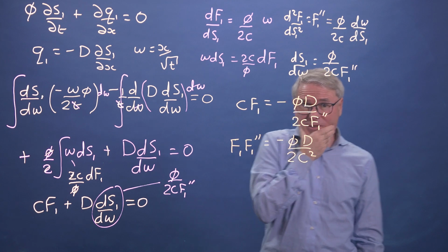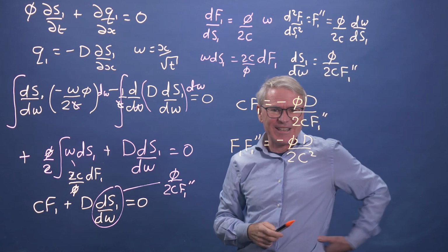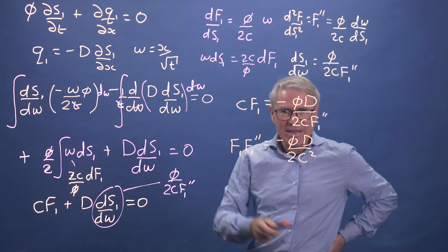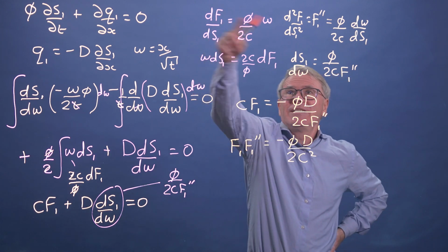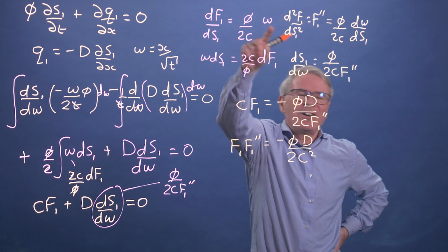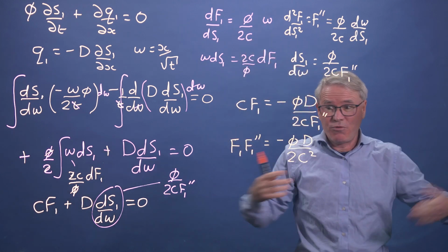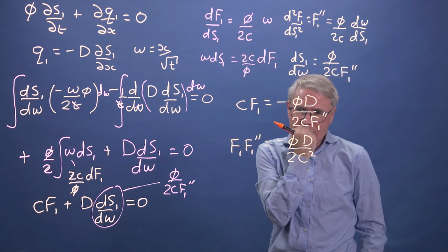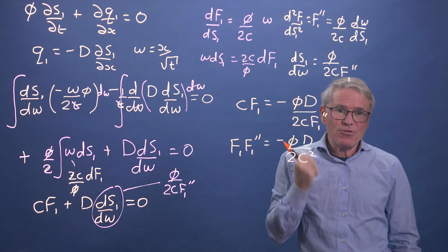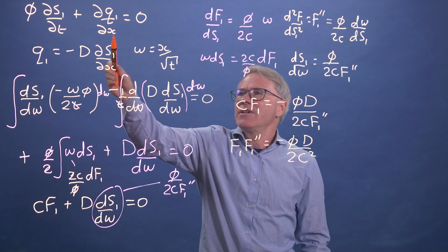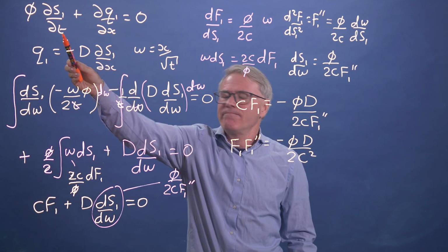That's a bit strange. I certainly, before I did this, never seen anything like it, but it is an equation for f. And as we've shown, if I know f as a function of saturation, I've basically solved the problem. So, it is a bit strange, but the interesting thing is I've started with an equation which is in x and t.